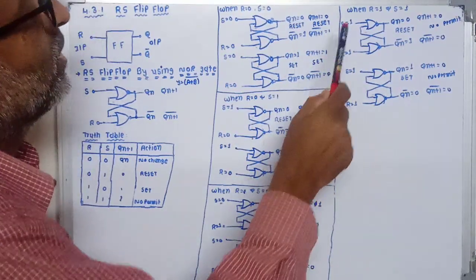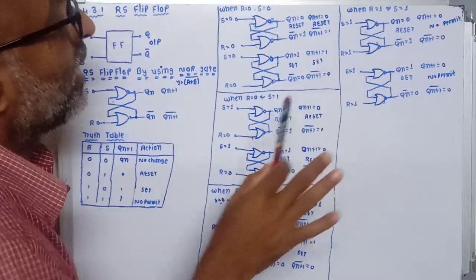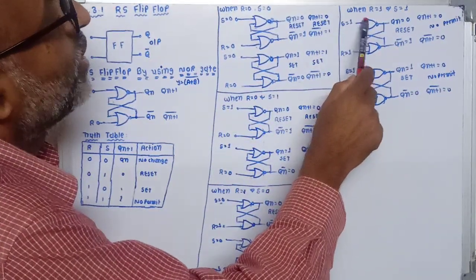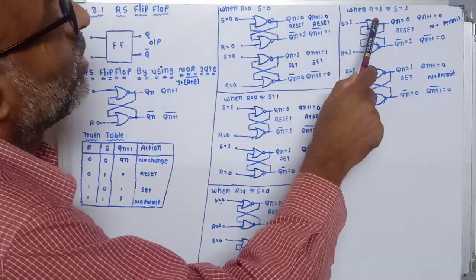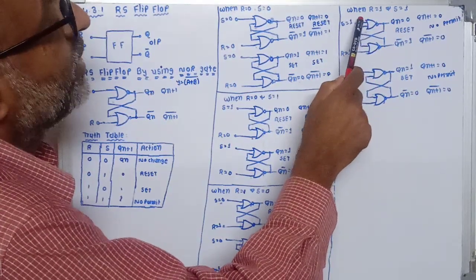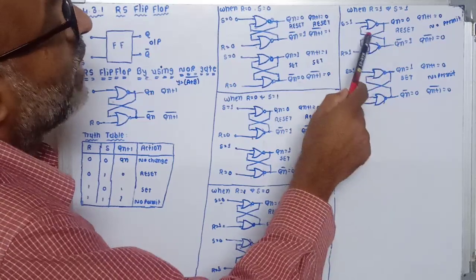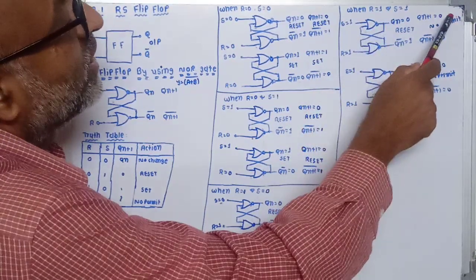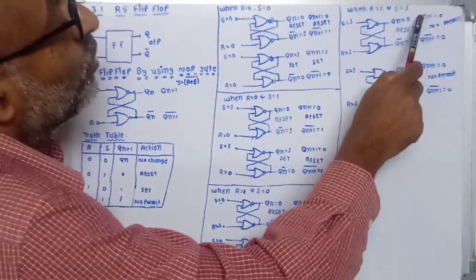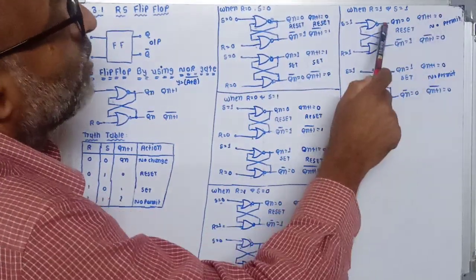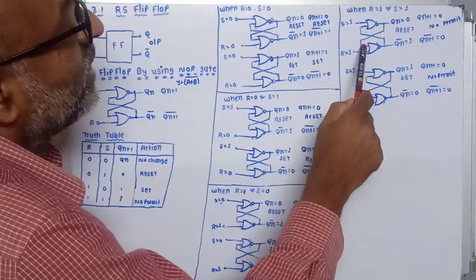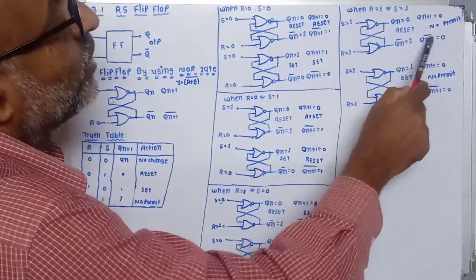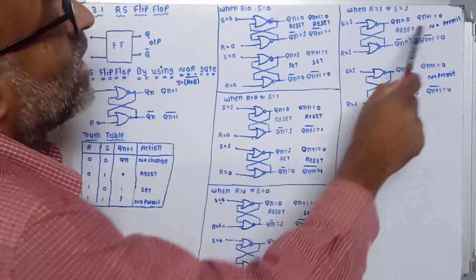Now when 1s are applied to the set and reset terminals, the inputs available at the upper NOR gate are 1 and 1. 1 plus 1 is 1 and it is inverted, that means 0. So our new output Qn+1 is 0. Now this 0 is available here. So 0 plus 1 is 1 and it is inverted, that means 0. So Qn+1 bar is 0.